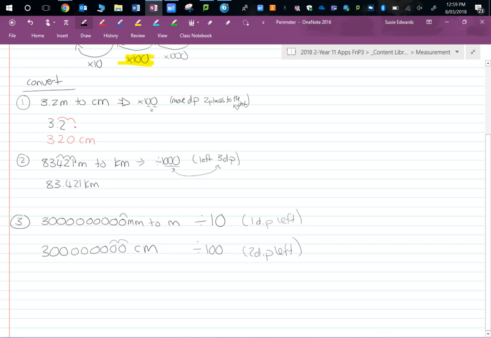So we end up with 1, 2, 3, 4, 5, 6. So we've got 3 million meters. How do we then get to kilometers? We're going to divide by 1,000, which means moving how many places? 3 dp's to the left. Okay, so we end up with 1, 2, 3, 3,000 kilometers is your answer.